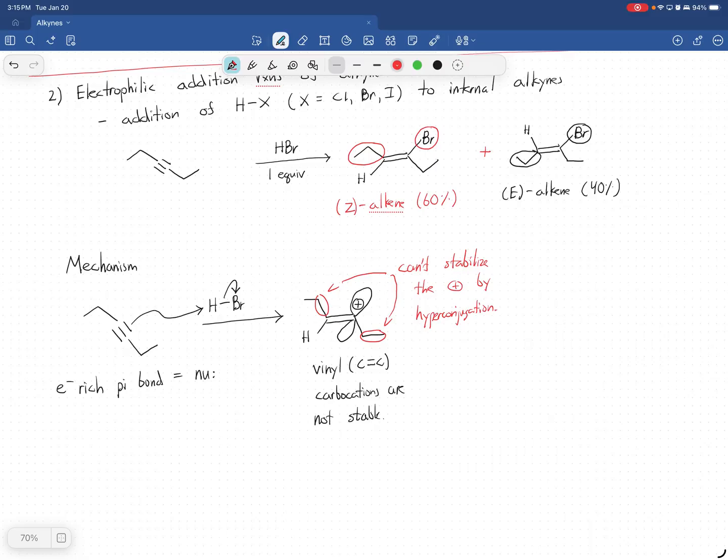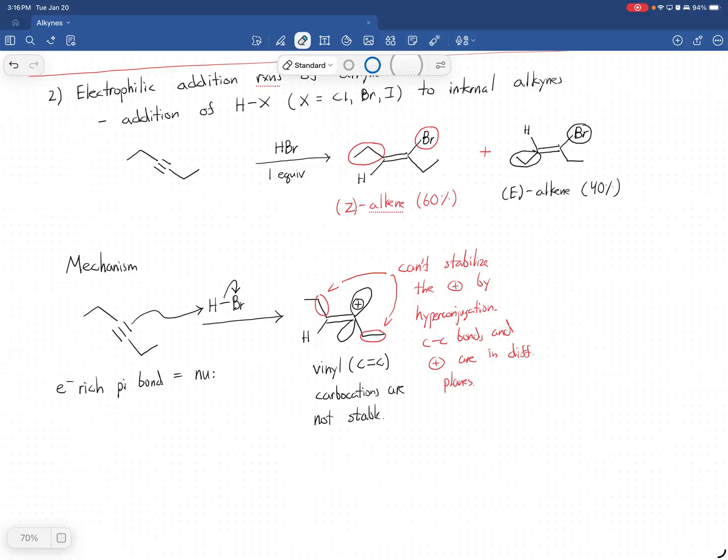Okay? They can't stabilize that because these orbitals here, see, they're in different planes. So the CC bonds and positive charge are in different planes, okay? When they're in different planes, they can't overlap. Remember the p orbitals, they have to be side by side. Well, if one's perpendicular, there's no way for them to interact like that. Okay, so these orbitals, they can't help the carbocation.